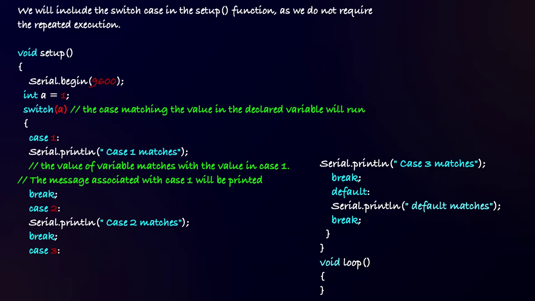If case 2 matches, again break. Like this, you can do it again and again. And then finally, what would be the default case? You should name it default, not any case number or case name. You name it default, Serial.println, default matches, then break. This is how you need to execute the code.